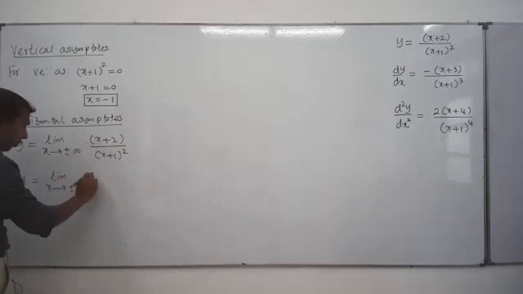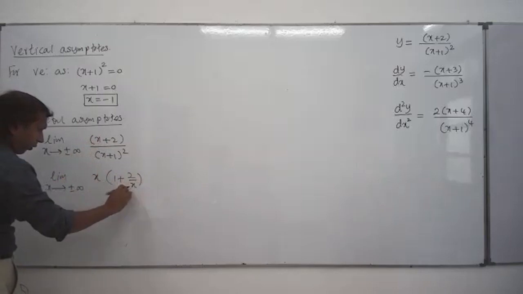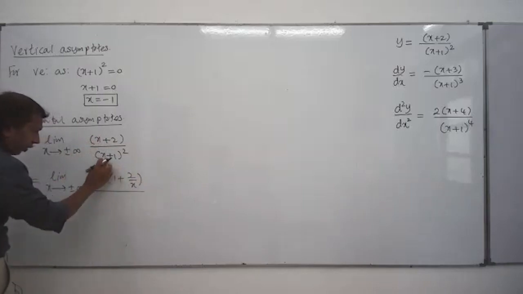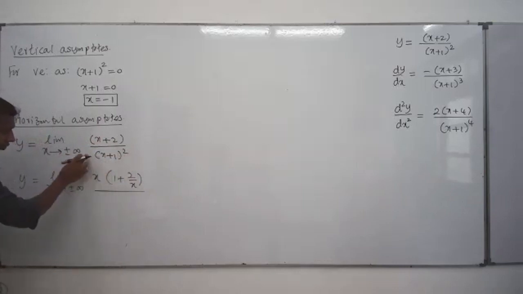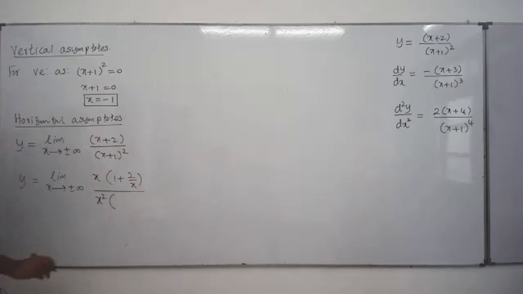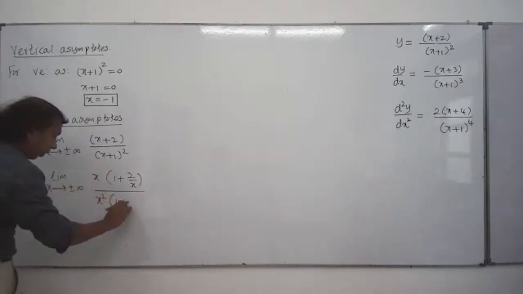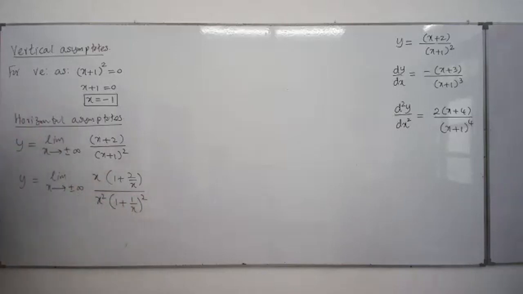I take x out from the numerator, 1 plus 2 upon x. Taking x out from the denominator, since we have a square, it becomes x squared, and this is 1 plus 1 over x to the power 2. You can cancel one x with the x here.